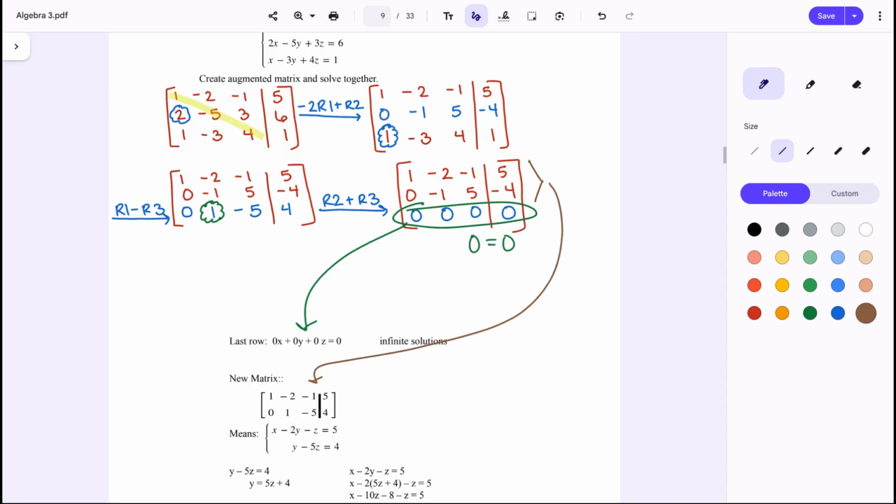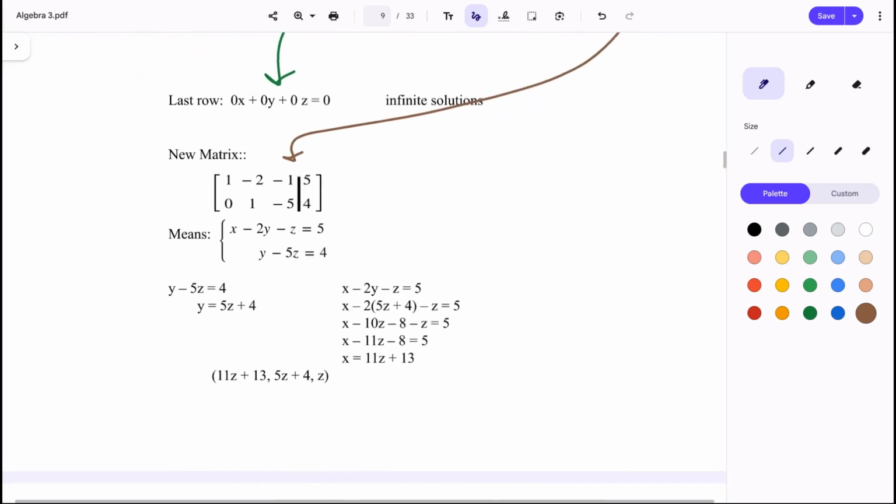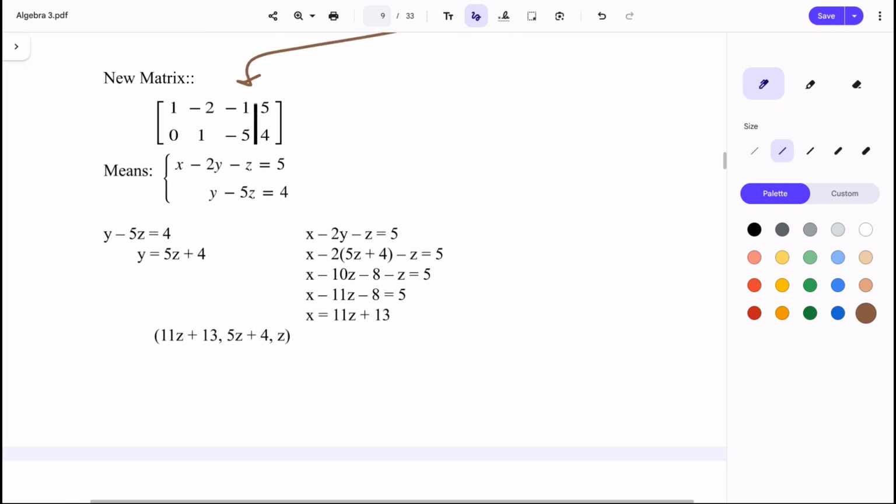Now, the reason why they're doing that is because they still want us to maybe think about solving this for my other variables. Now, we're not going to get a number for these ones because there's an infinite number of solutions out there. But if I'm trying to figure out numbers that would work, I would want to have smaller, simpler equations to be working with, especially if I had to start putting this out on a graph. So what they did is they wrote out those numbers in my new matrix.